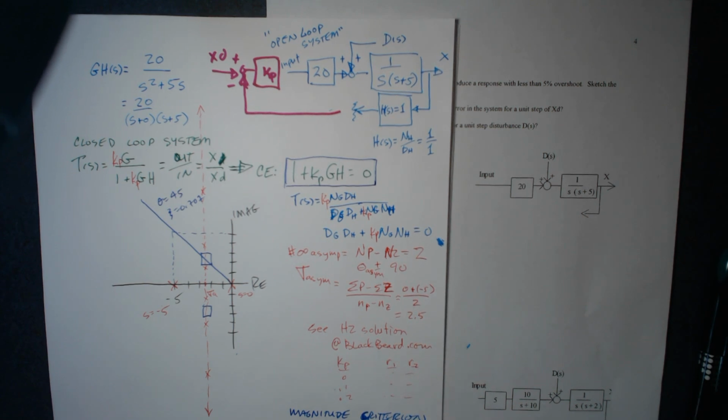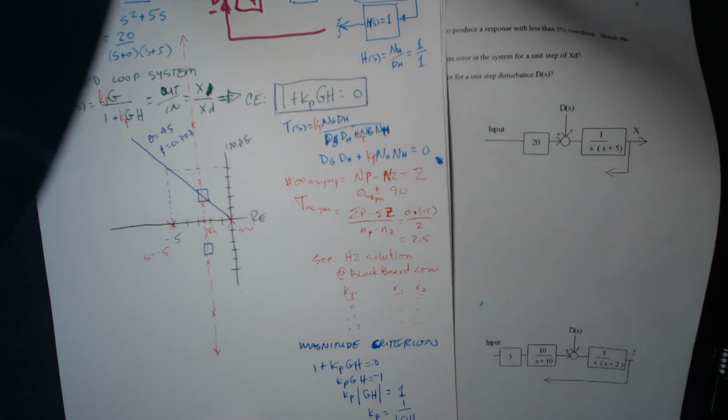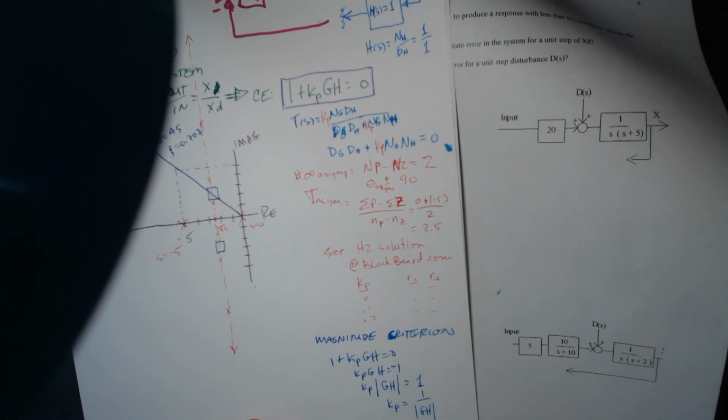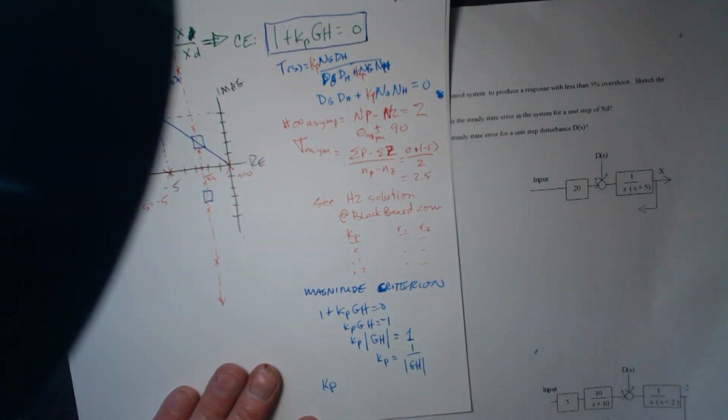The magnitude has to be 1, and that just means Kp has to be 1 over the magnitude of GH. If I use the criterion here, that tells me Kp... have I fallen off the bottom? I did. Oh my goodness, I've fallen off the bottom. I apologize for that because I'm not using the right aspect ratio. That's okay.